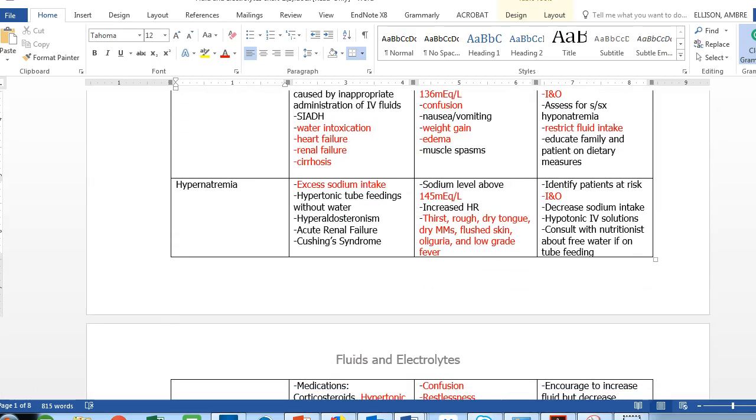For hypernatremia, the cause is excessive sodium intake, obviously. Cushing's and renal failure and hyperaldosteronism can also contribute to it, but the thing to really remember is excess sodium.